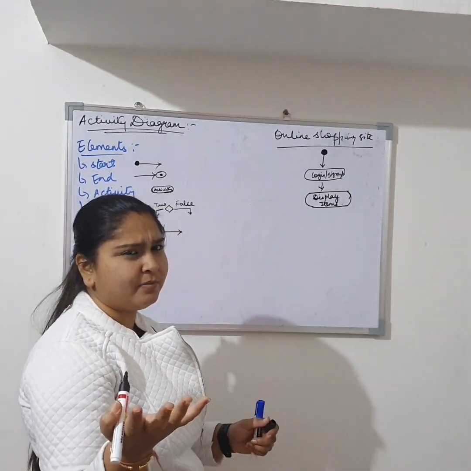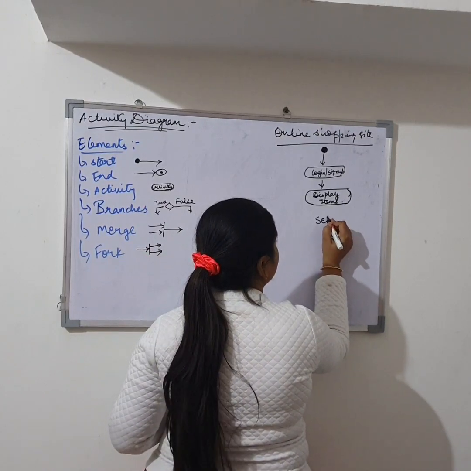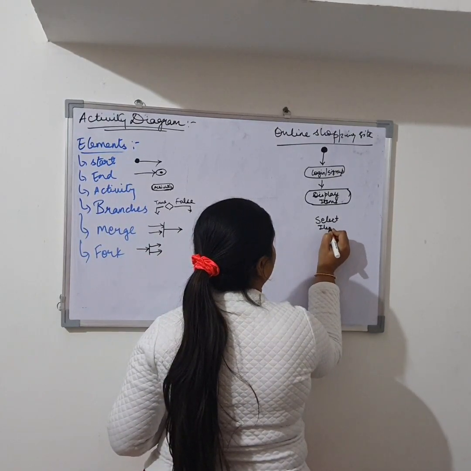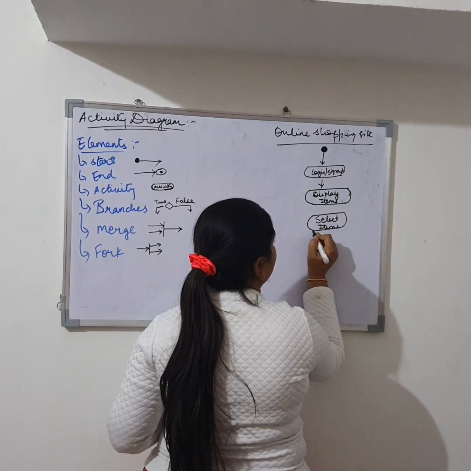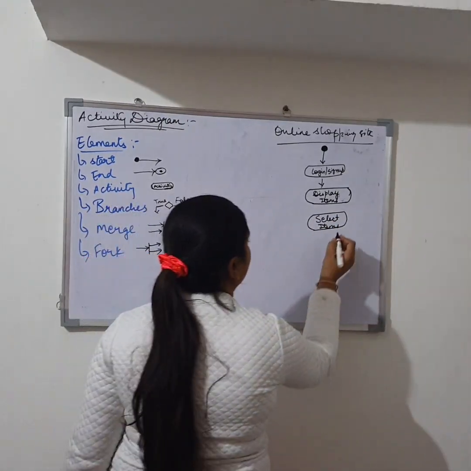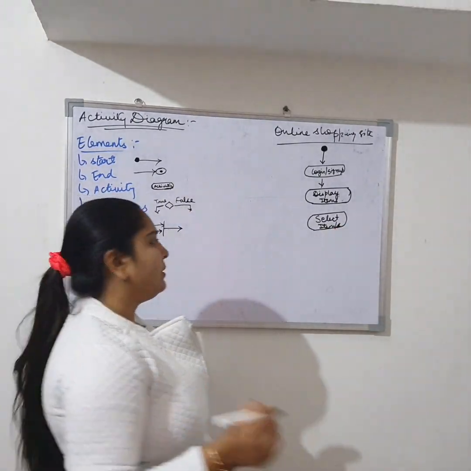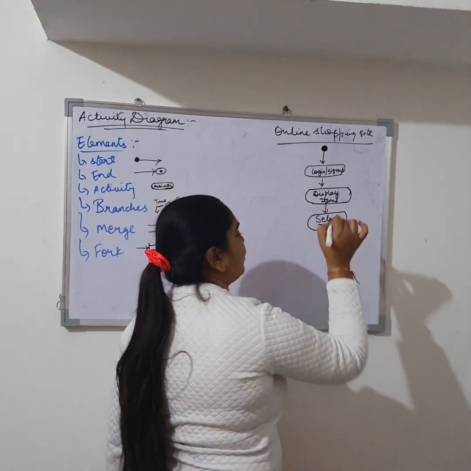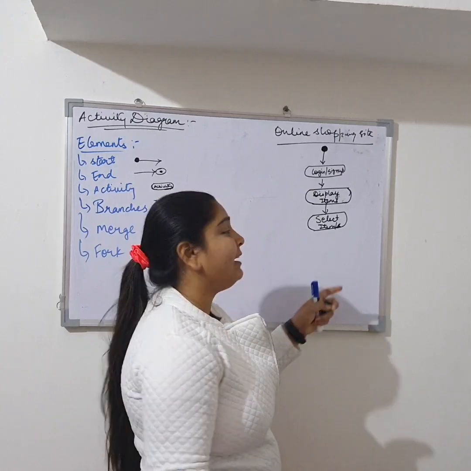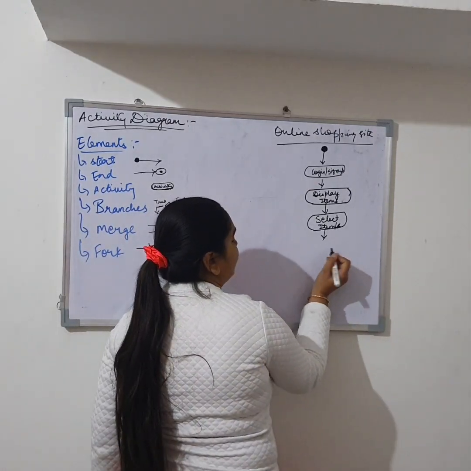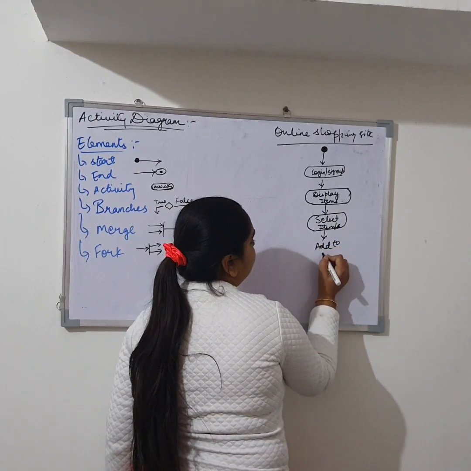Select a few items for buying, right? So select items. We should write items with an S, because it may happen I only want to buy one thing. So selected that item, and next I can move to cart. So add to cart.